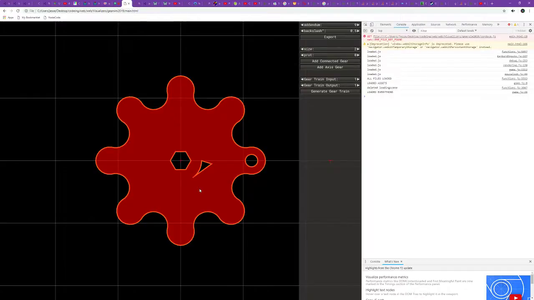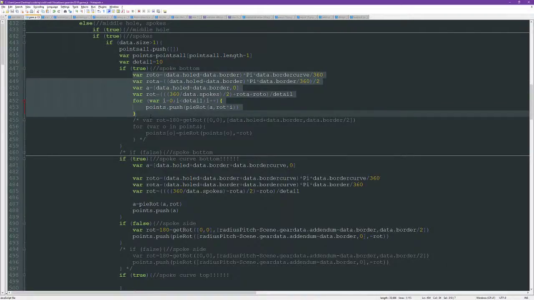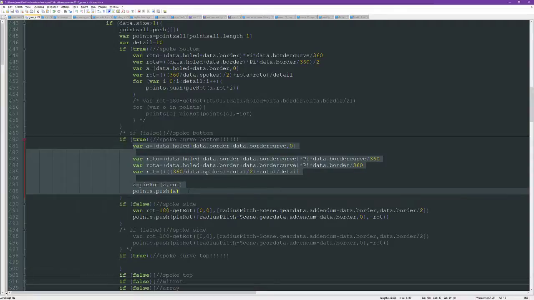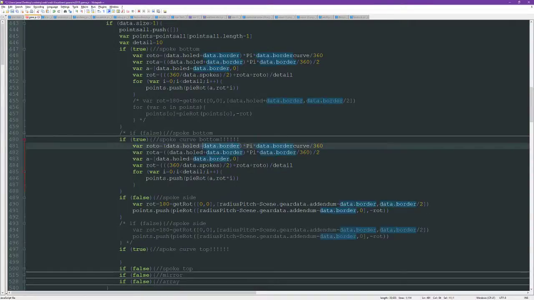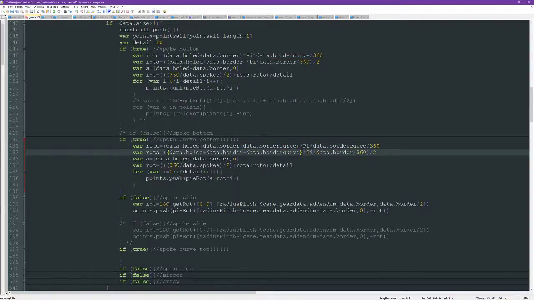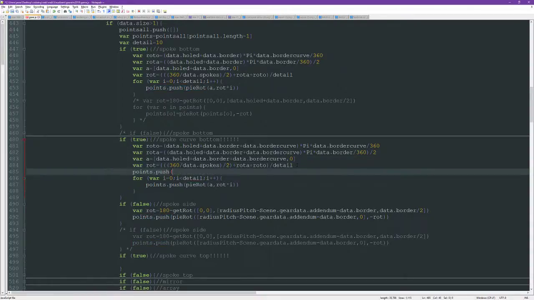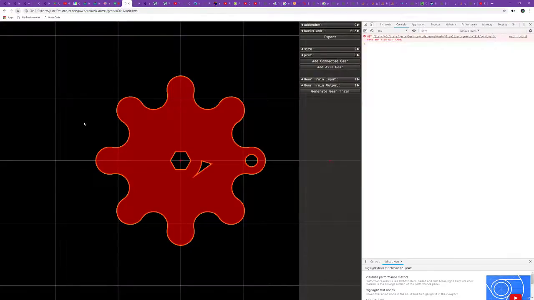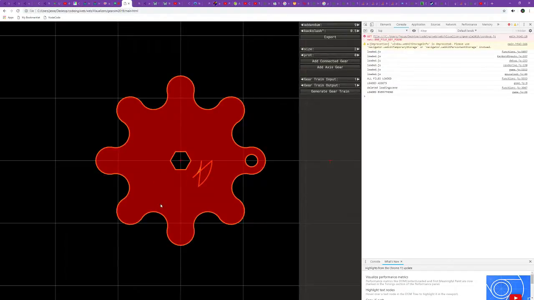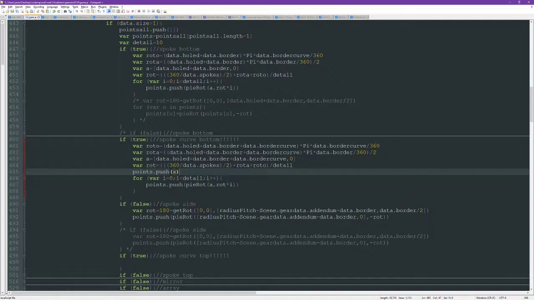So we want to do all that again. Copy the whole thing. Except plus border curve to those. Okay.